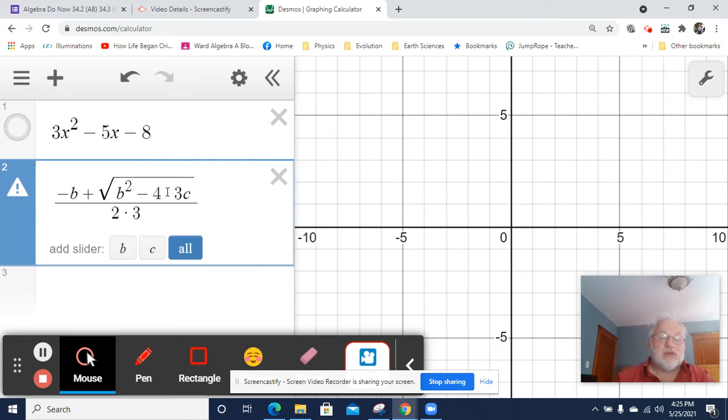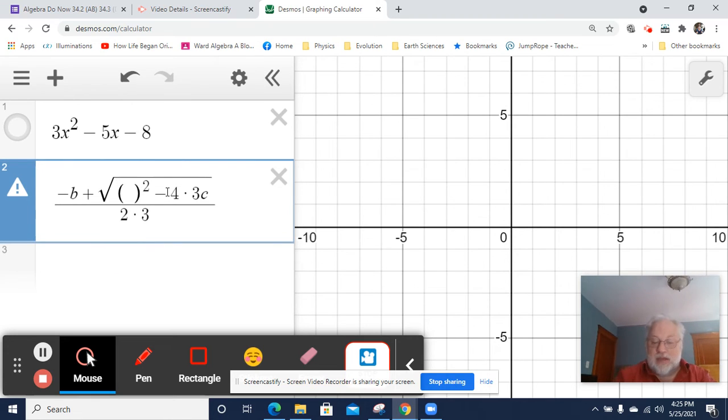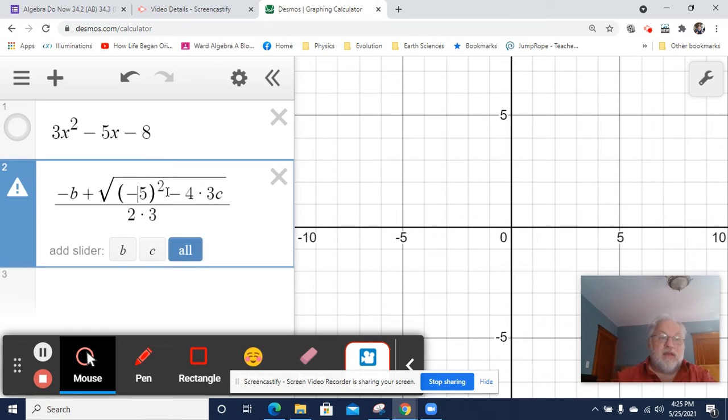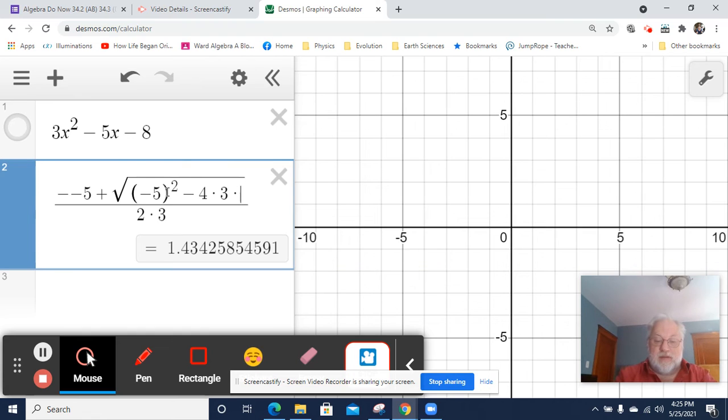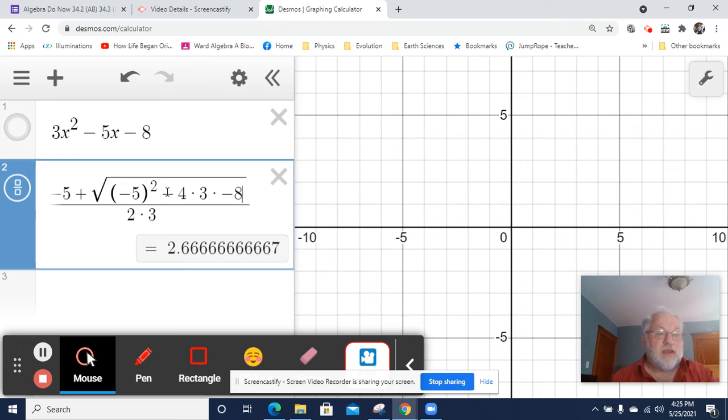So wherever b shows up, we're going to say -5. Negative of -5. And then c is -8. And now we're going to work the whole thing out. And you can see that we've got 2 2/3, which is about 5/3.